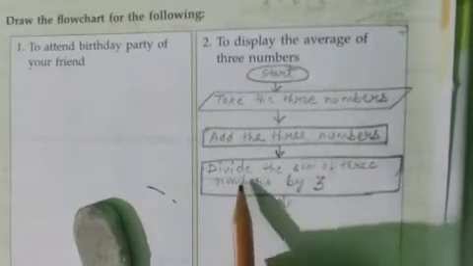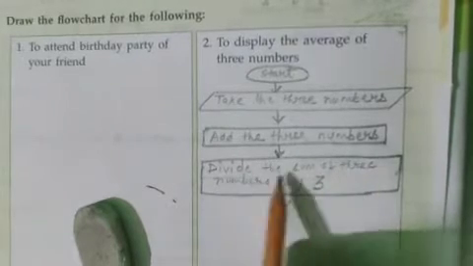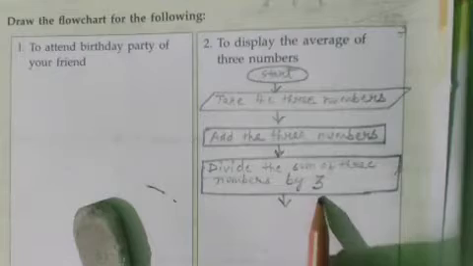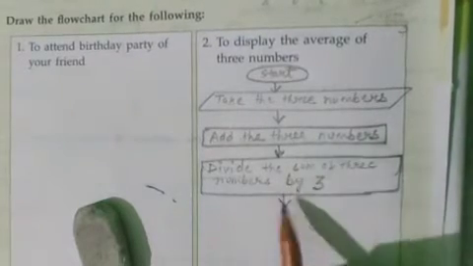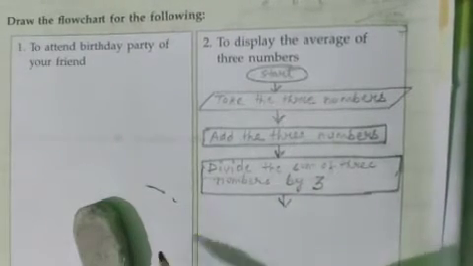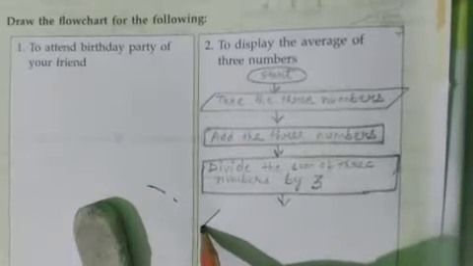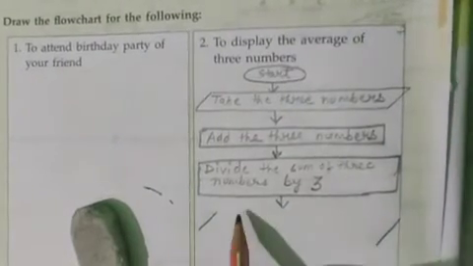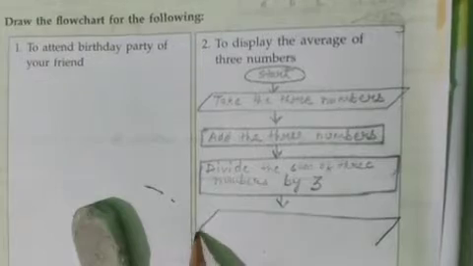Then when we have divided the sum of 3 numbers by 3, we got the average. Now we have to display the average. Then again we are showing the result, so draw the input output box like this, parallelogram shape.